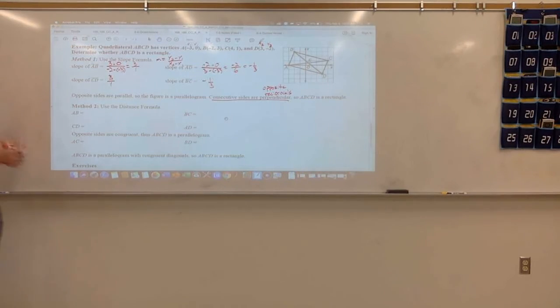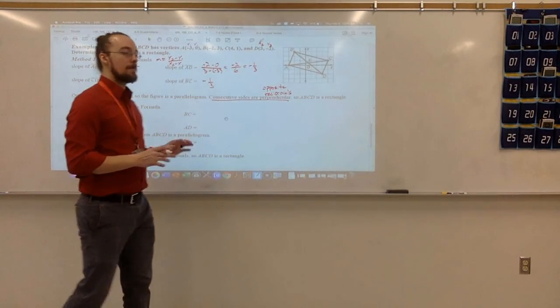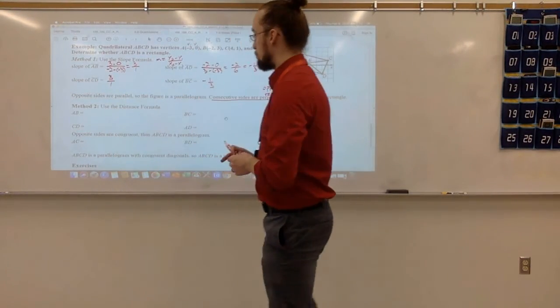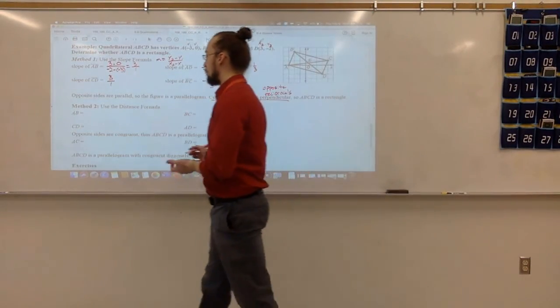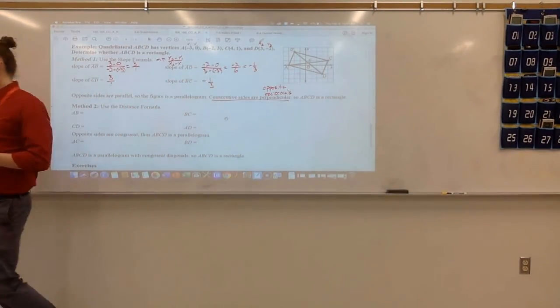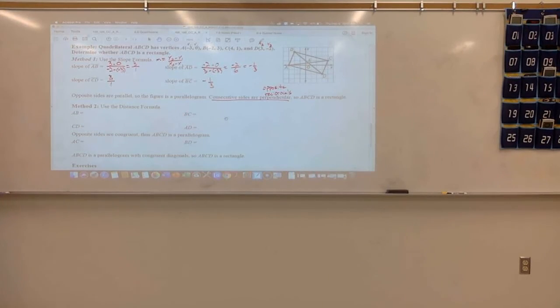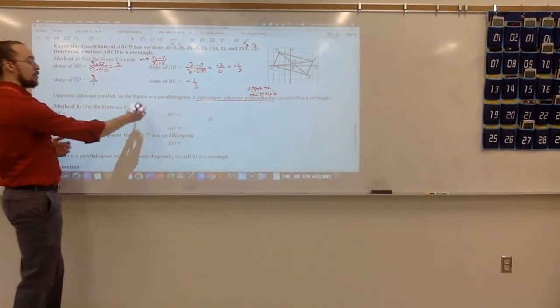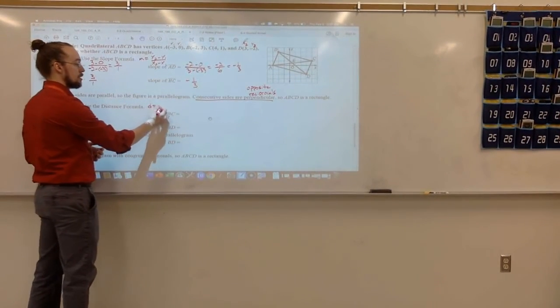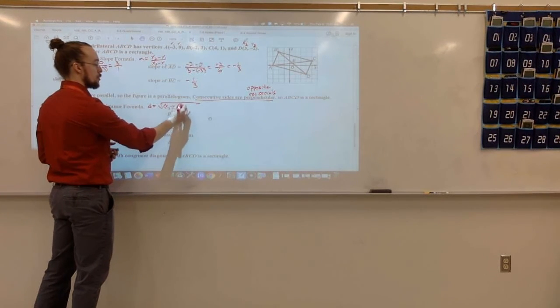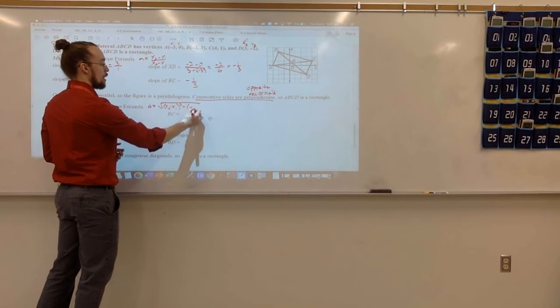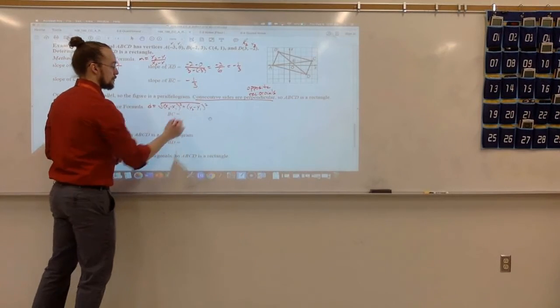Right? The second method then is to use the distance formula. If you remember, we said if opposite sides are congruent, that makes it a parallelogram. So remember the distance formula, the square root of x2 minus x1 squared plus y2 minus y1 squared.